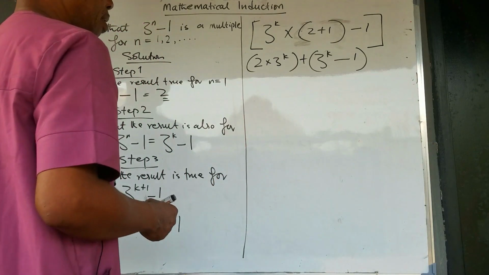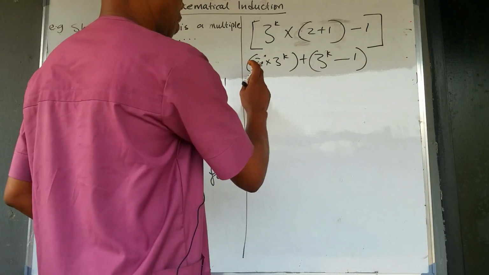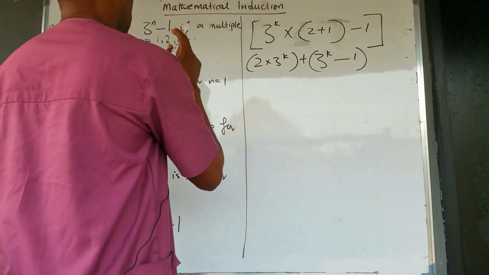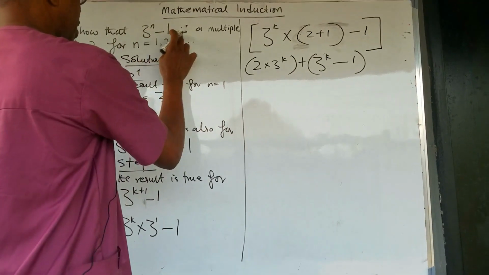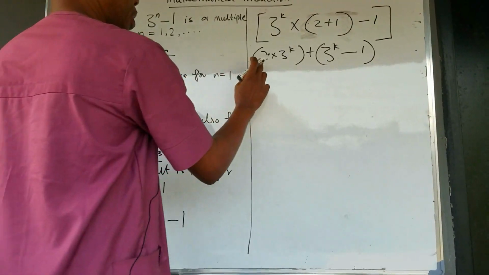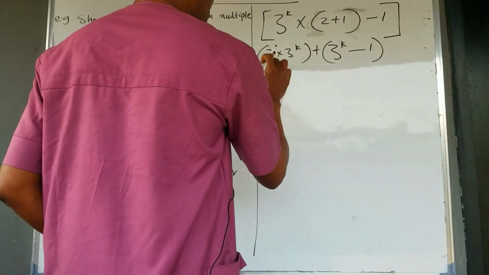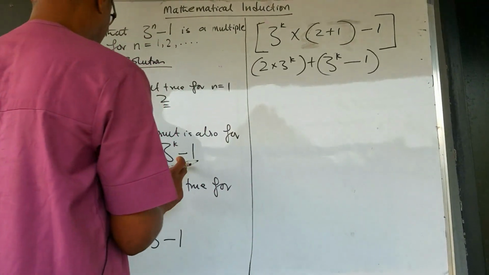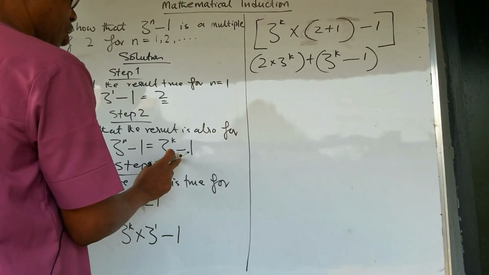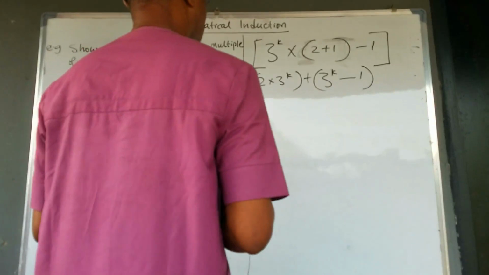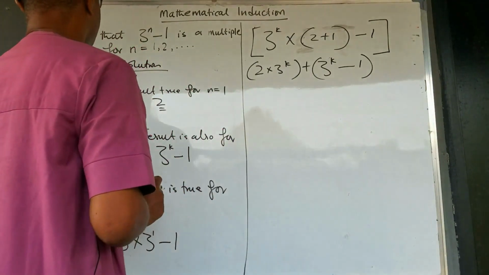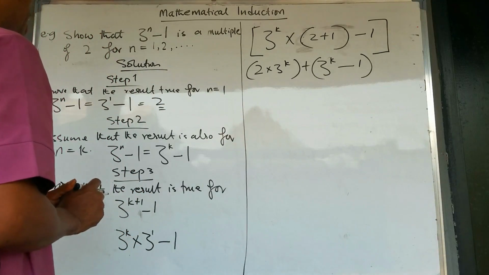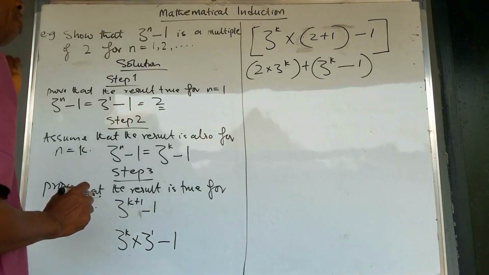So let's look at it carefully. You see where you have 2 times 3^k is actually correct because a multiple of 2 is a multiple of 2, which means if you divide this number, 2 is one of the factors. This one, 3^k minus 1, has already been written as an assumption that it is true. So with this result, it is very clear that the statement that 3 to the power n minus 1 is a multiple of 2 is true for all natural numbers n.